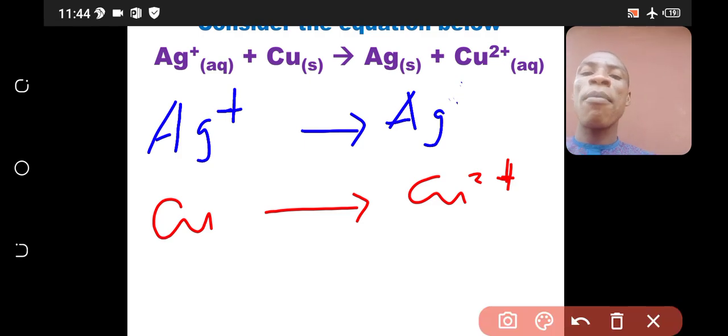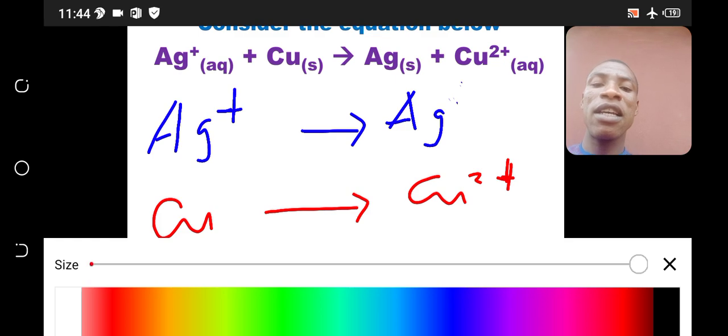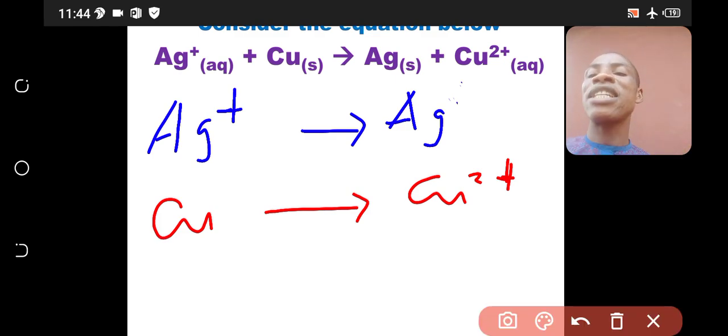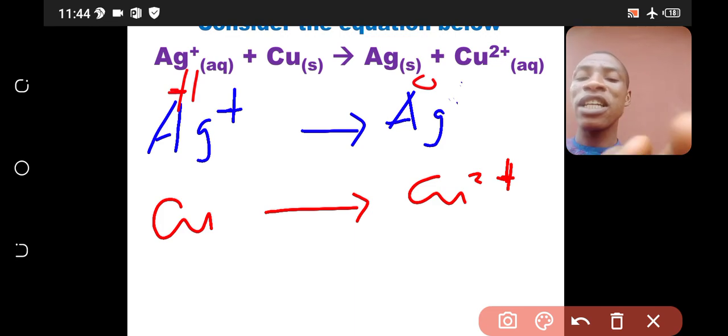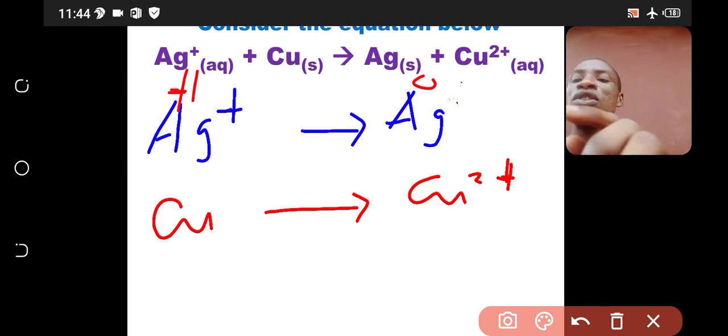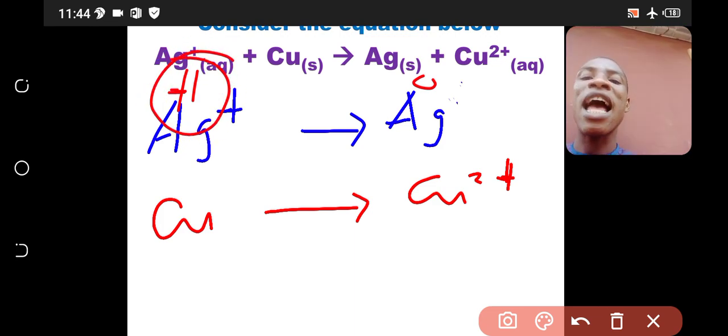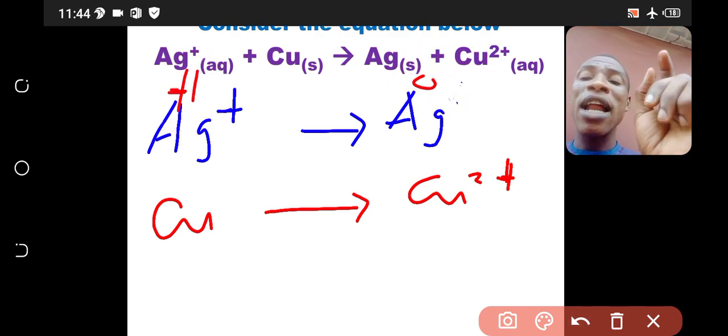Fortunately, the atoms are balanced, one silver. Next, just balance the charges. Here is plus 1 charge, and here is 0 charge. No charge on Ag, but there's charge on Ag+.